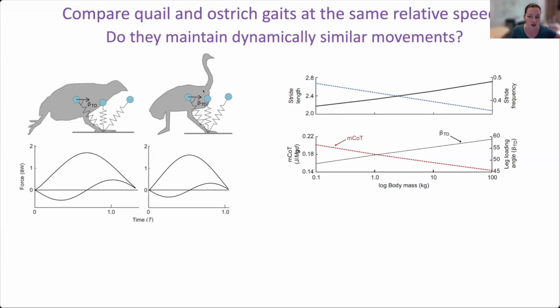Whereas the larger birds have smaller fluctuations in the fore-aft forces. So basically by having a vertically bouncy gait, the vertical fluctuations are higher, but the fore-aft fluctuations are reduced, and that reduces the mechanical work and the potential for muscle work demand during the stance phase.